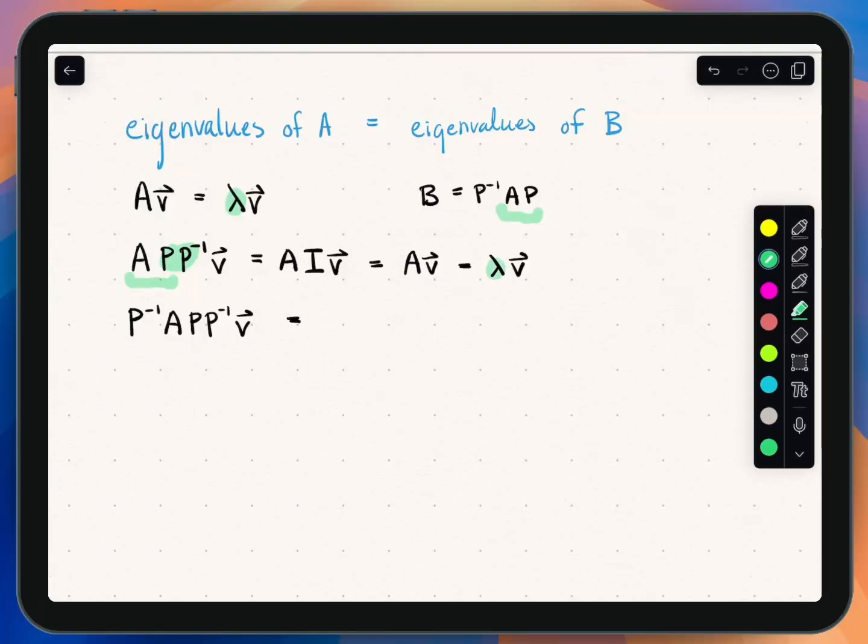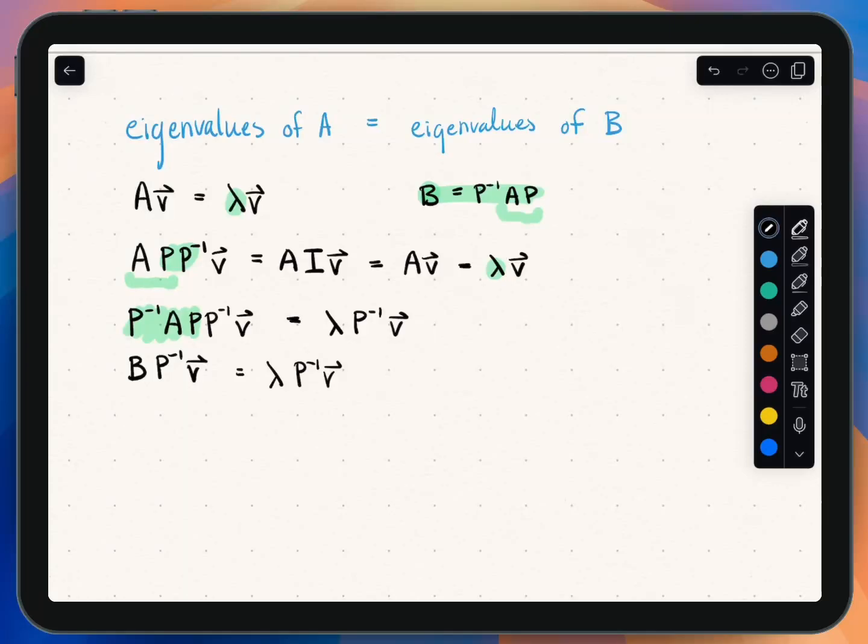But since lambda is just a value, I'll just keep that on the front and then do P inverse V. And then, since we said that B is all of this business here, I'll substitute and say that B times P inverse V is equal to lambda P inverse V.